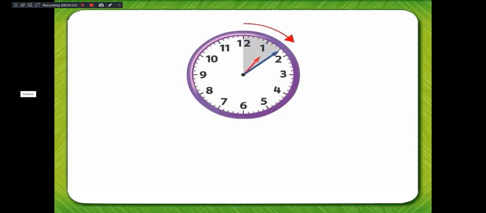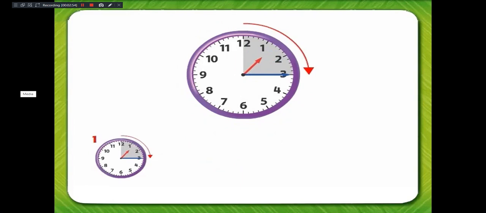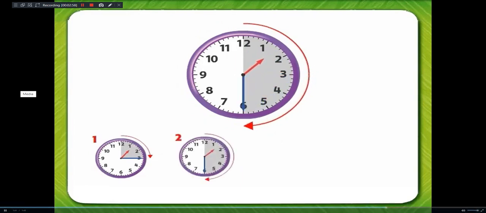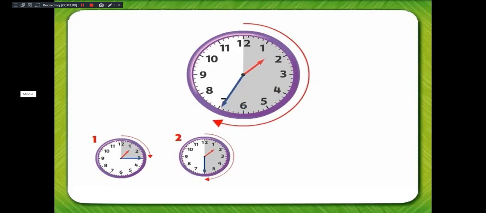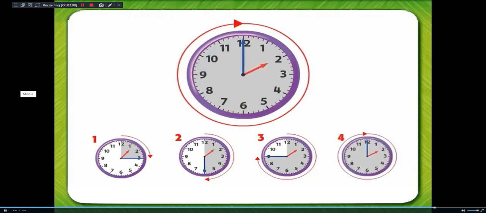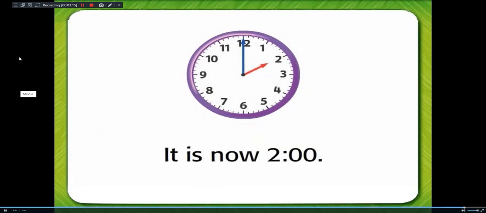From 1 to 1:15 is 1 quarter hour. From 1:15 to 1:30 is 2 quarter hours. From 1:30 to 1:45 is 3 quarter hours. And from 1:45 to 2 o'clock is 4 quarter hours. So 4 quarter hours, or 1 hour, have passed. It is now 2 o'clock.